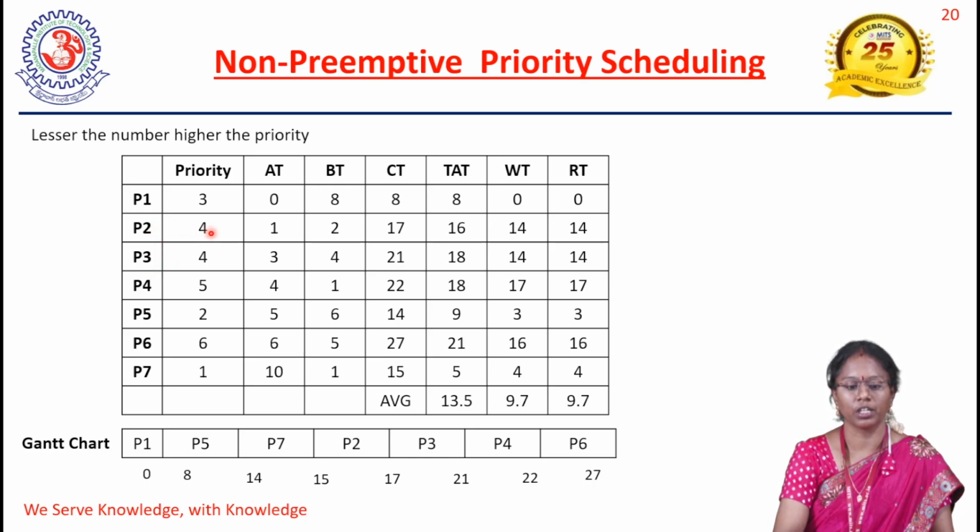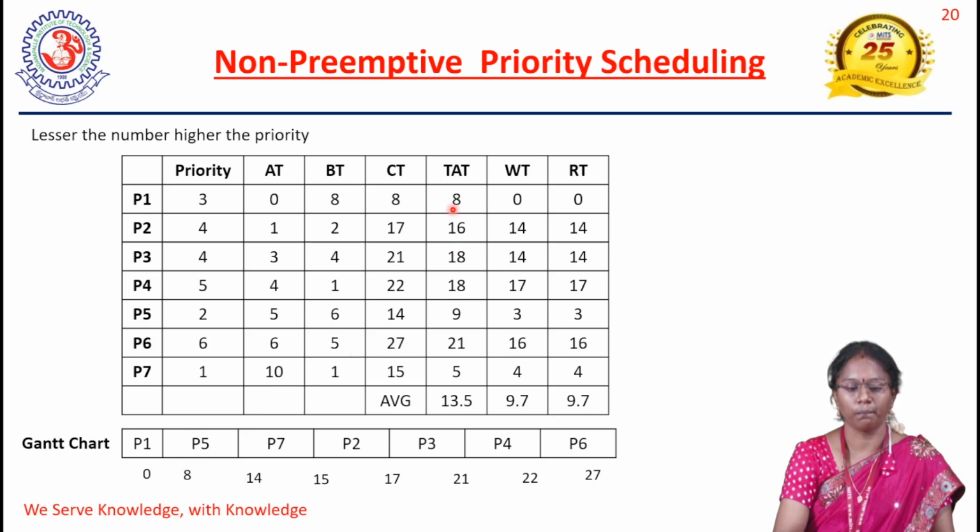So P2 is selected first. Its burst time is 2, so for 2 seconds it will execute. After its completion, P3 executes for 4 seconds, and after completion P4, and next P6. P6 is the last one to execute because it has the priority number 6. So based upon priority, the processes are executing.